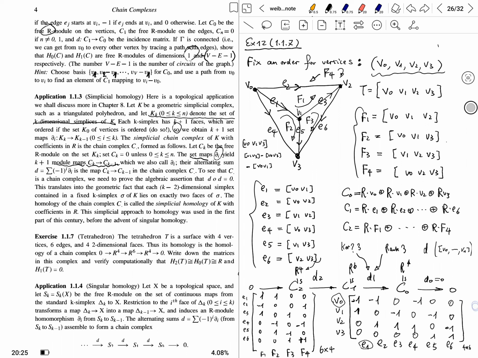The formula is given by the summation of -1 to the power i, and then you remove this Vi from your vertices. This gives you, since this is n-dimensional, an (n-1)-dimensional simplex.